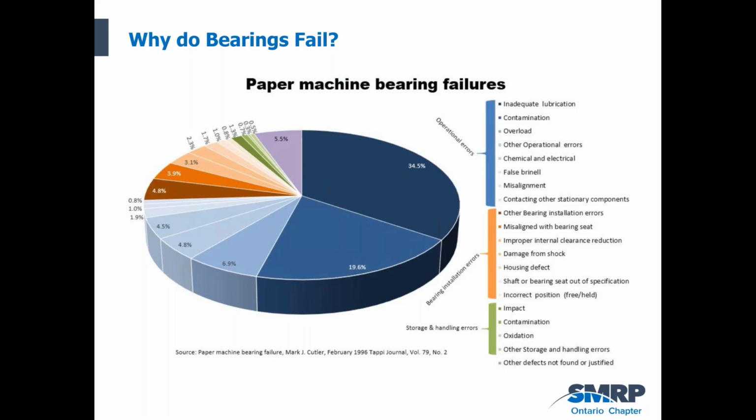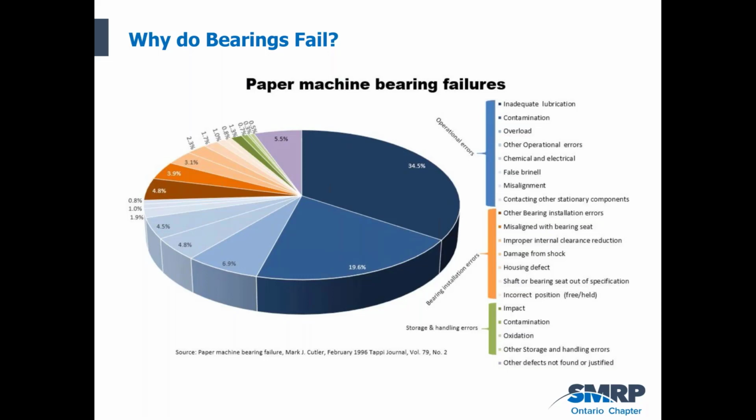But germane to this conversation, I want to focus on the blue area, and in particular the dark blue segment. In this particular application, again, these are large rolling element bearings used on paper machines, it's estimated that around 34 or 35% of rolling element bearing failures in that category are due to inadequate lubrication.